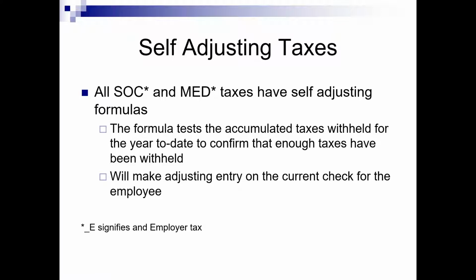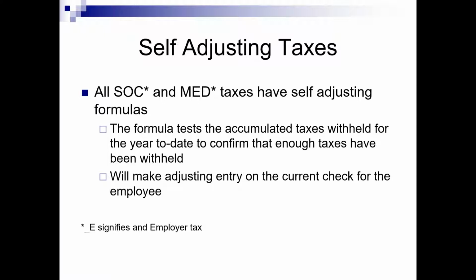Right, so this is just reminding you again about the self-adjusting taxes, that all the Social and Medicare taxes have self-adjusting formulas. They test what's been held year to date against what the employee has earned. And I get calls every once in a while that says that Social Security and Medicare is wrong when they process the check.